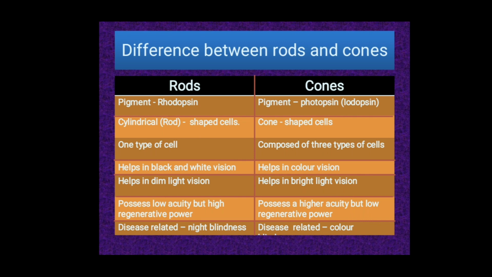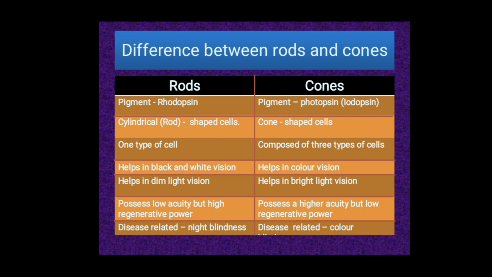It becomes very dark. But after a few seconds, you can clearly see the objects, isn't it? But not the color, just the location or the position of the object. So that is the meaning of low acuity. Acuity means less accurate vision. Vision is there, but it is less accurate.